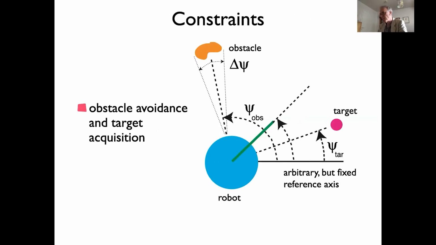Okay, so that's that, and so that variable is able to express now constraints on the behavior, which are really behavioral goals. The most important one we'll be interested in now is to motivate the vehicle, or to arrange for the vehicle to go in a particular direction toward a target. And that constraint can be expressed as the angle psi under which we see that target, relative to that fixed world axis.